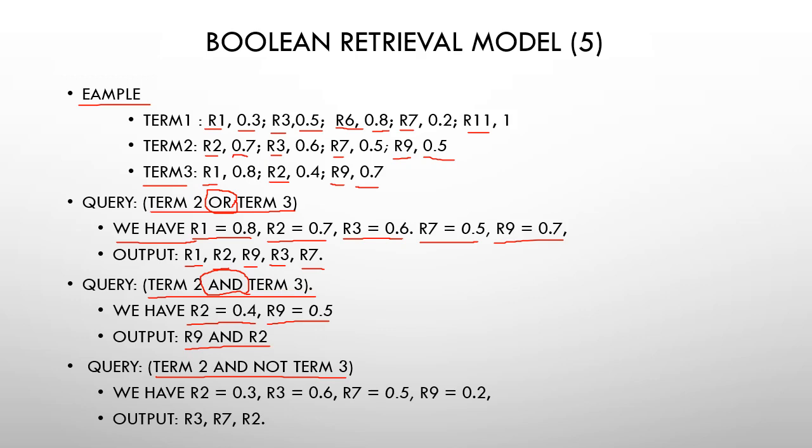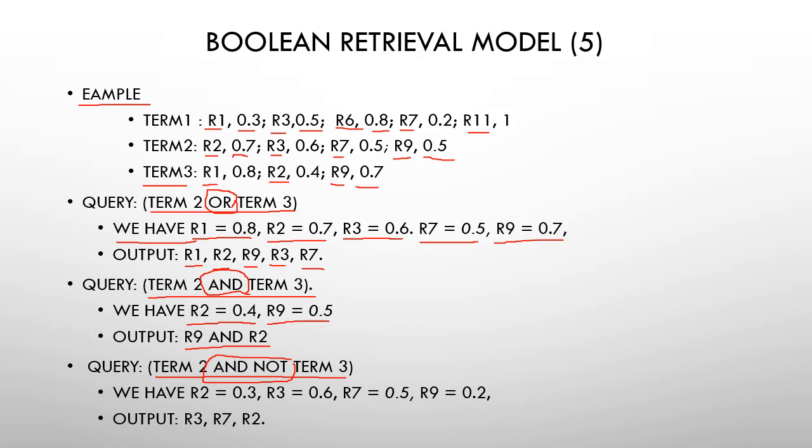Sorry. If the operator is AND NOT and we have a weighting scheme, then the way we process it is that the document consists of term 2 and term 3, but the weight is the difference between the two. So term 2 and also term 3, for example, appear on record number 2.